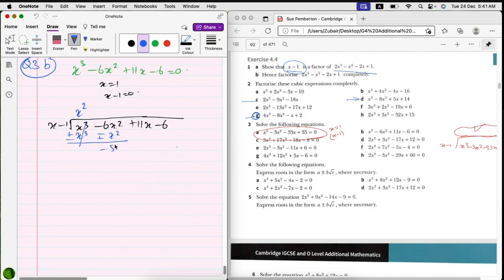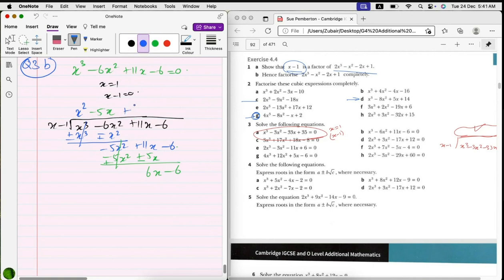This is minus 5x square plus 11x minus 6. Then we go for minus 5x to get minus 5x square. Signs changed, and we get 6x minus 6.